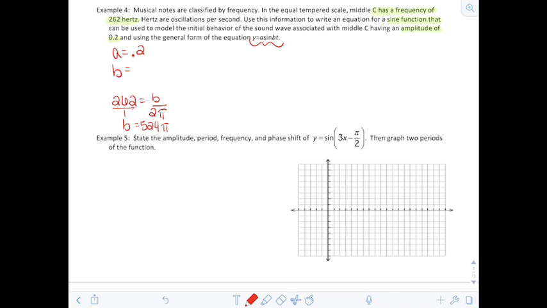So I'm going to put this all together in my equation. y equals, my amplitude is 0.2 times the sine of 524 pi times t. And as quickly as that, we have our answer. So they want an equation in that general form describing, apparently, the sound wave for middle C.